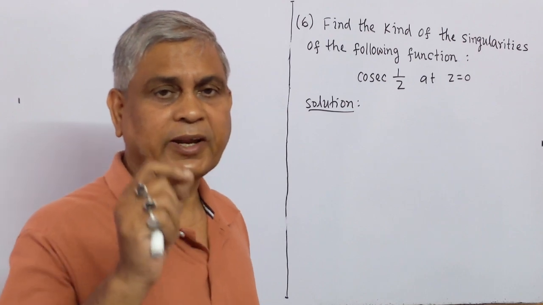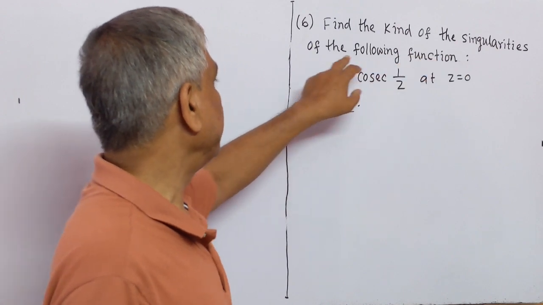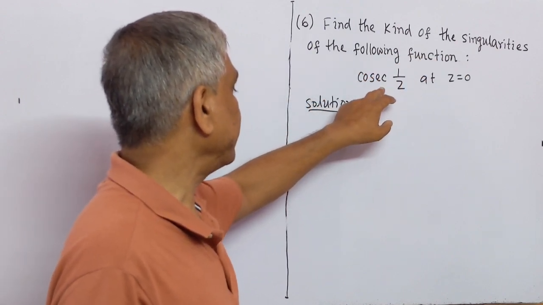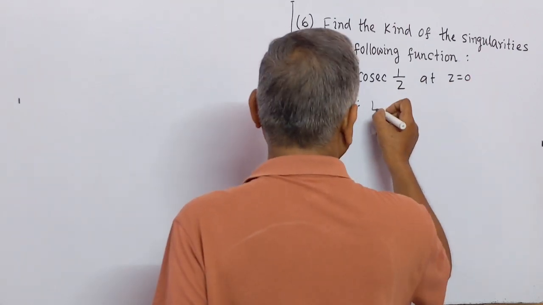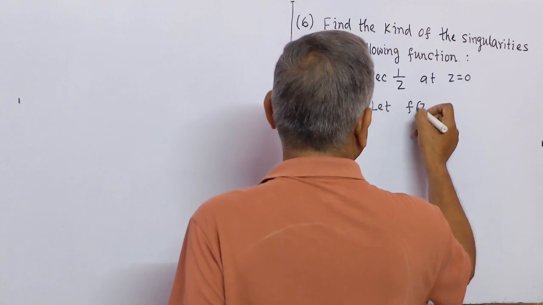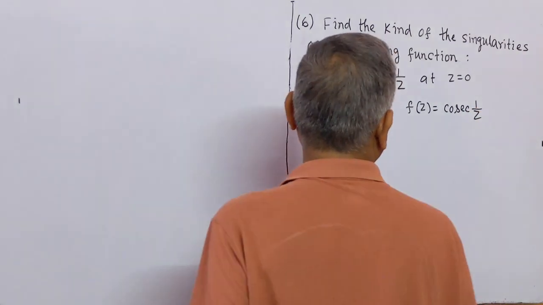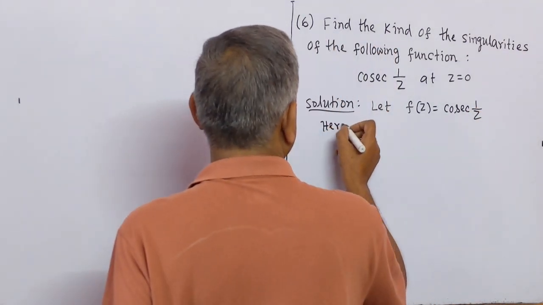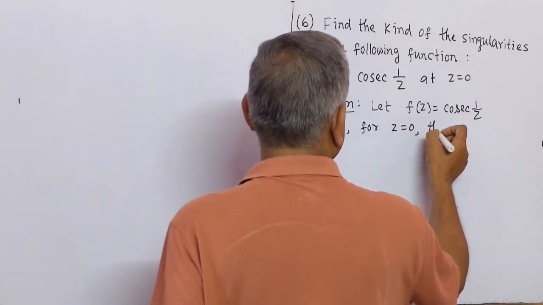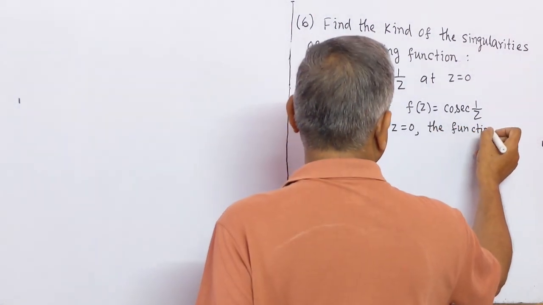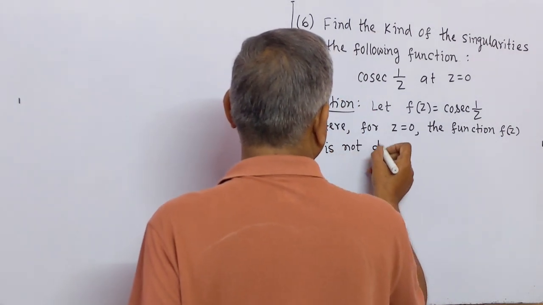Now we solve the next problem. Problem is: find the kind of singularities of the following function, cosec 1 by z at z equal to 0. Now we solve this. Let f(z) equal to cosec 1 by z. Here for z equal to 0, the function f(z) is not defined.